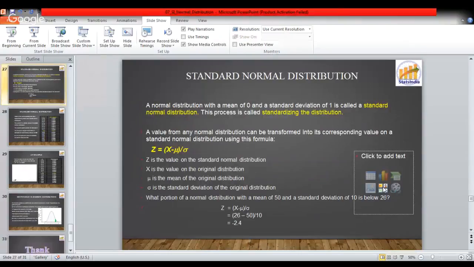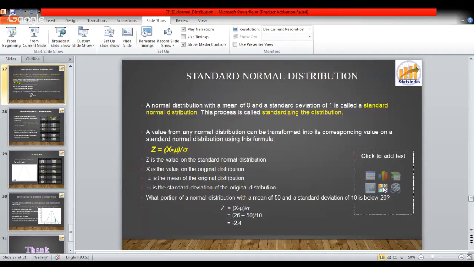A normal distribution with mean 0 and standard deviation 1 is called standard normal distribution. The idea is, for any given distribution, we subtract each value from its mean and divide by standard deviation.